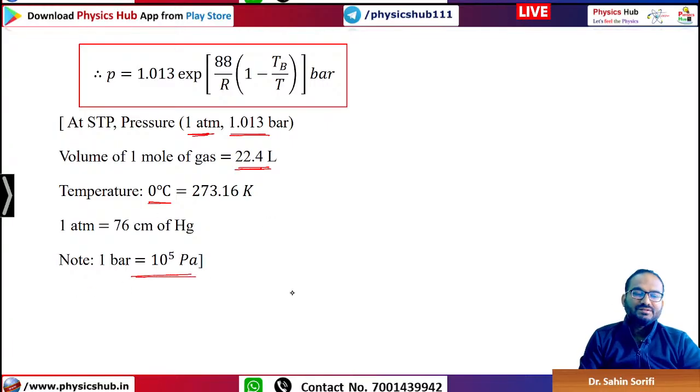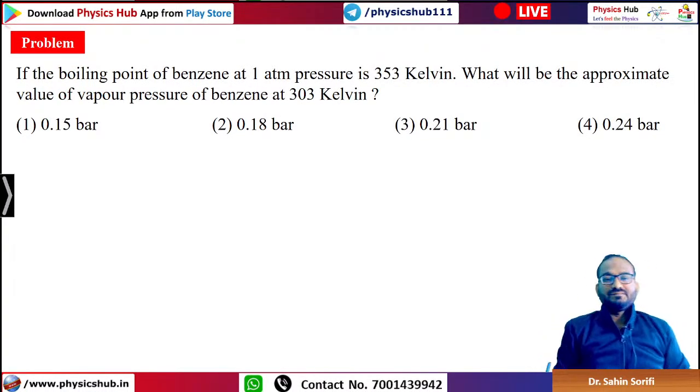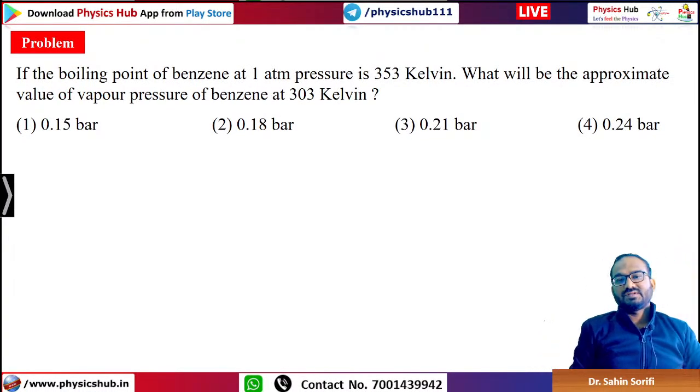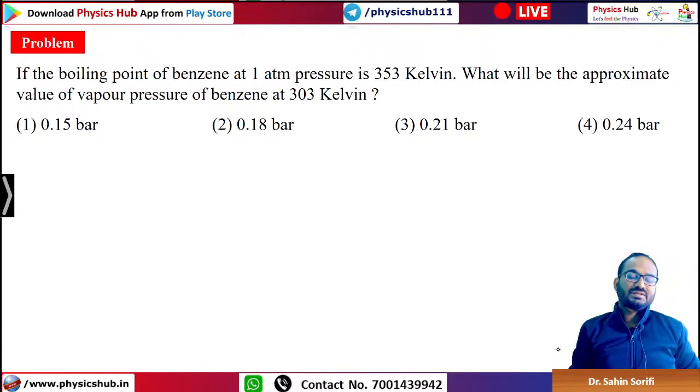What kind of question can you expect from this? That is the last thing we'll do for today. So you have to use this formula. P is equal to 1.013 exponential 88 by R into (1 minus TB by T) bar. Look, if the boiling point of benzene at 1 atm pressure is 353 Kelvin, what will be the approximate value of vapor pressure of benzene at 303 Kelvin?